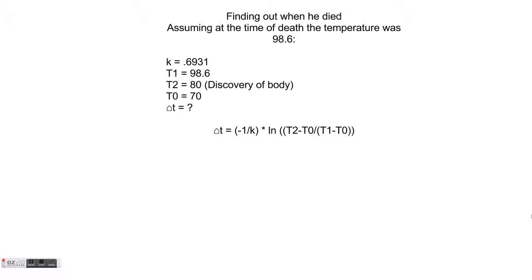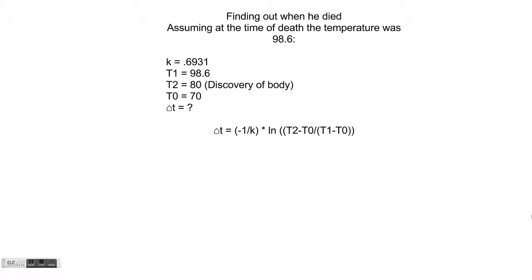So here's the equation. This is similar to the K in that it will be -1 divided by K times the natural log of the final temperature minus the constant, and then that's divided by the initial temperature minus the constant. And so now that we have all that, we know what to do.